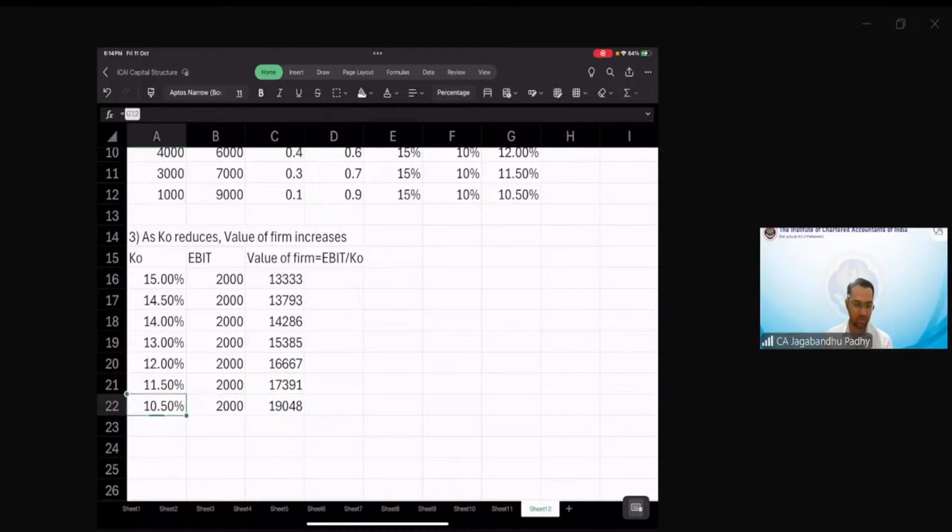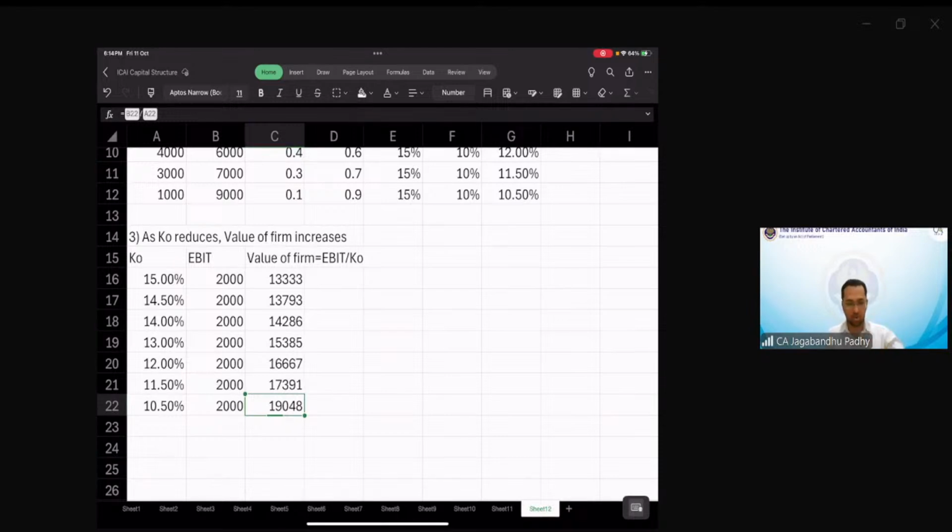As Ko goes from 15%, the value of the firm increases from 13,333 to 19,048. So what we observe is that as Ko is reducing, the value of the firm is increasing.